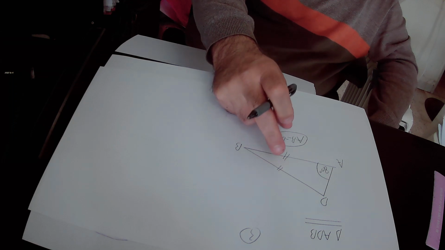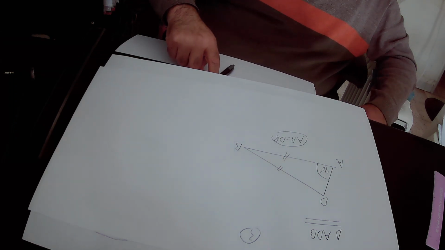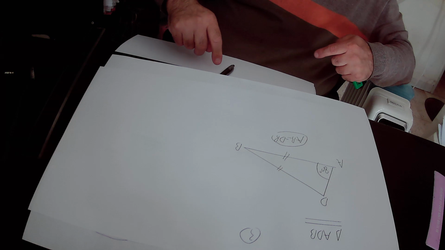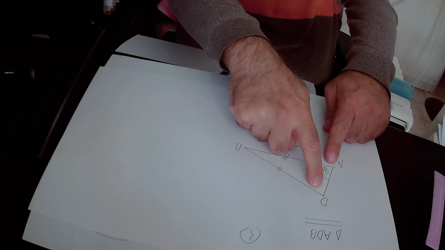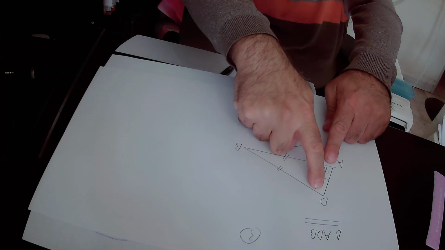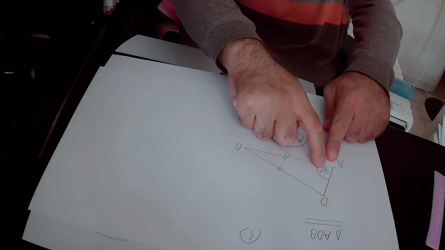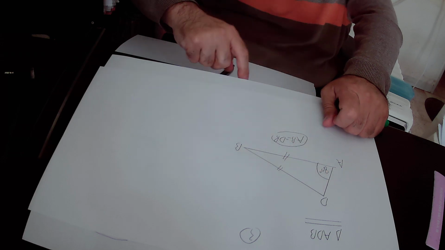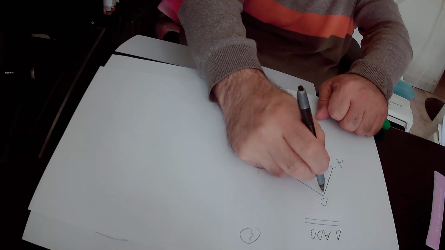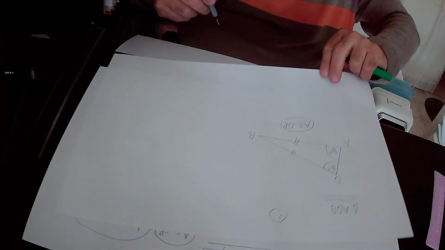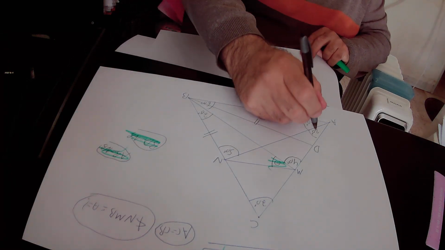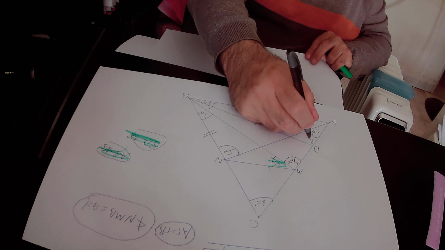So those two sides are equal to each other. And we have the rule that in front of equal sides in the triangle there are equal angles. So those two angles that are located in front of the equal sides must be equal to each other. But this angle equals 80 degrees, therefore this angle must also be equal to 80 degrees. So angle ADB equals 80 degrees. I'll write it down here.